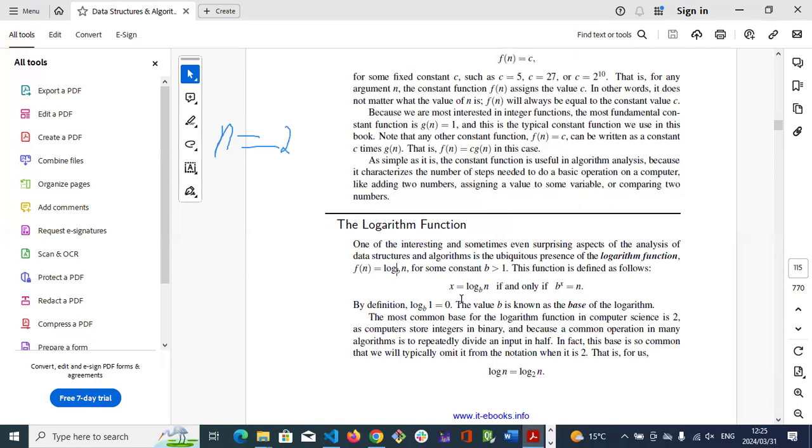This function is defined as follows: x equals log of n base b if and only if b to the power of x equals n. By definition, log of 1 base b is equal to 0. The value b is known as the base.